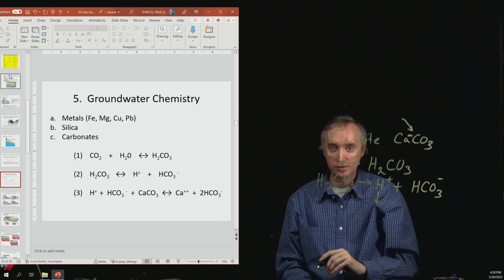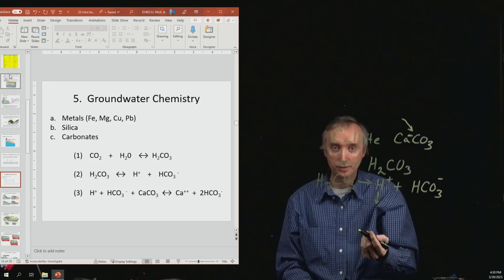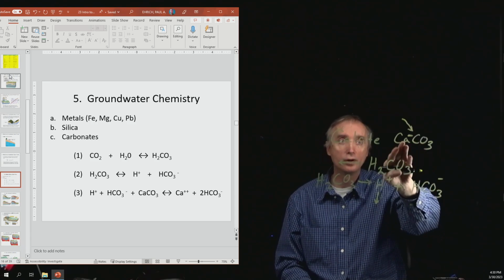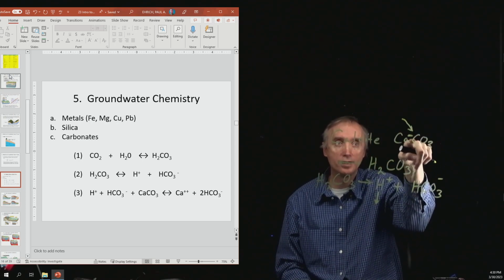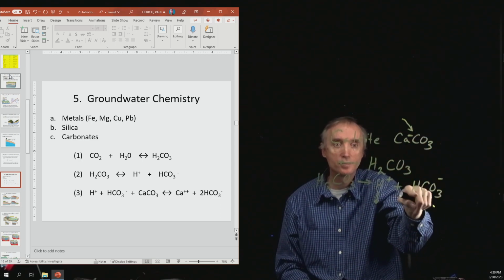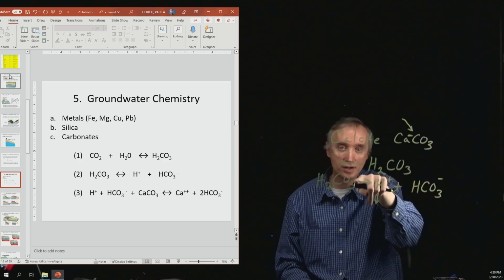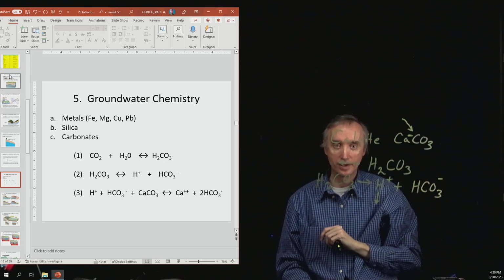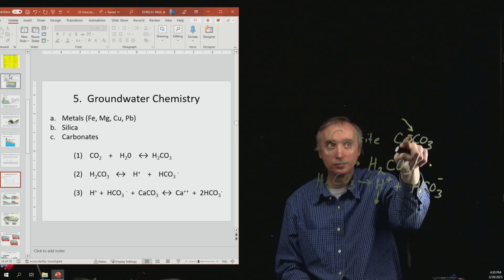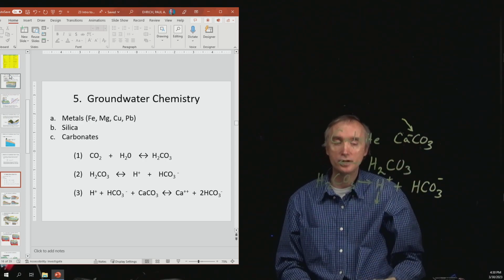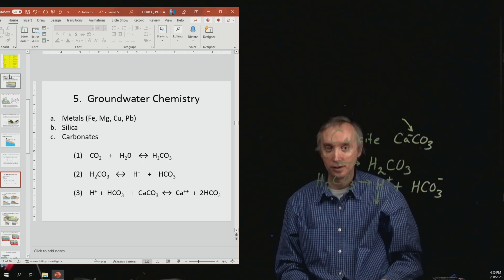So that what you're going to end up with is more hydrogen carbonate, more of this bicarbonate, which combines with this bicarbonate, so that you end up with two bicarbonates. And the calcium. So this calcium comes off the calcium carbonate and it goes into the groundwater.